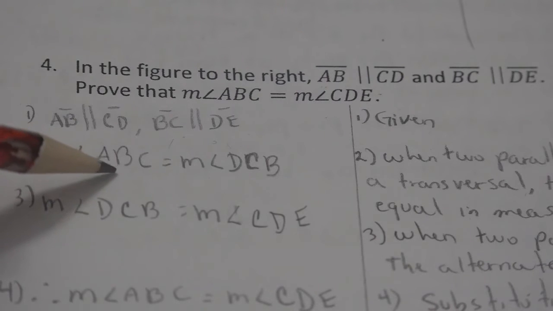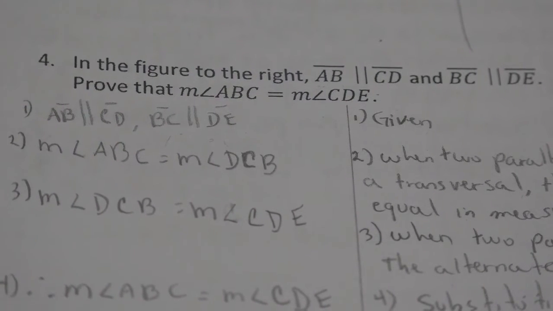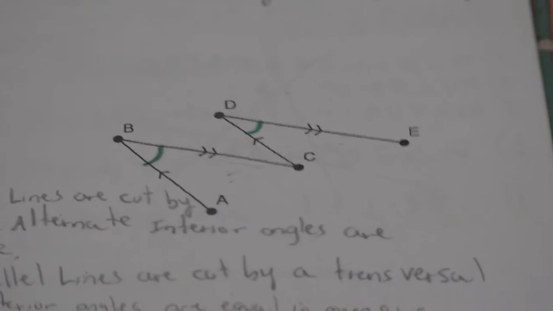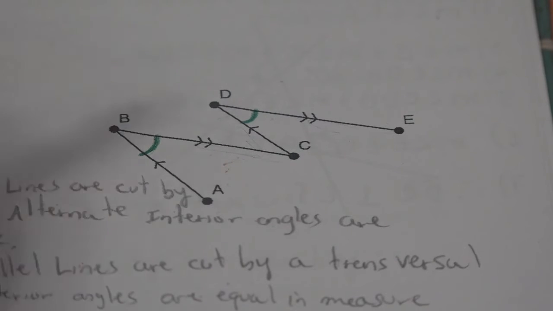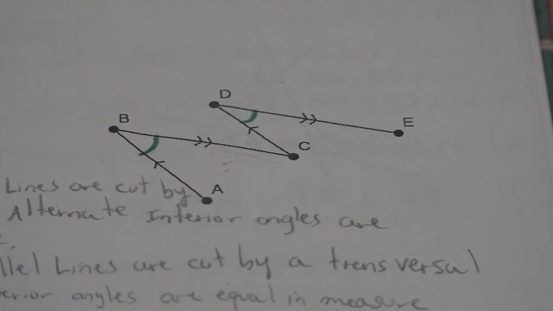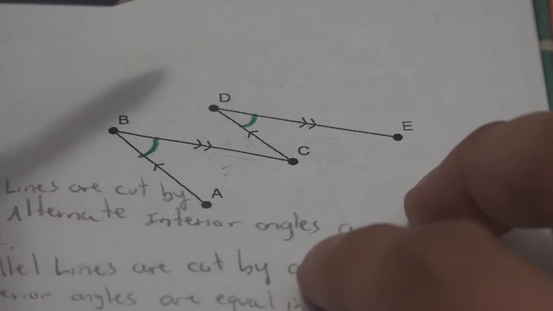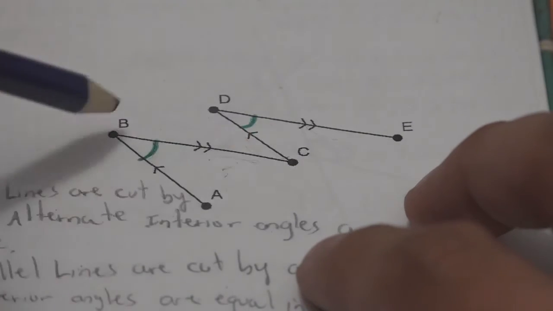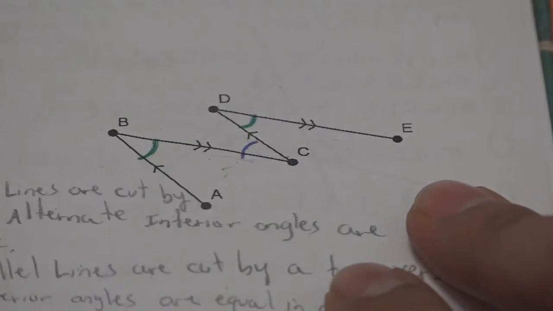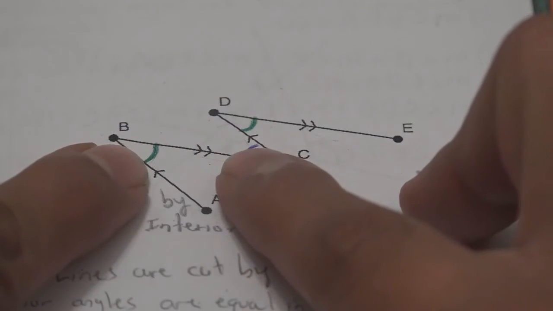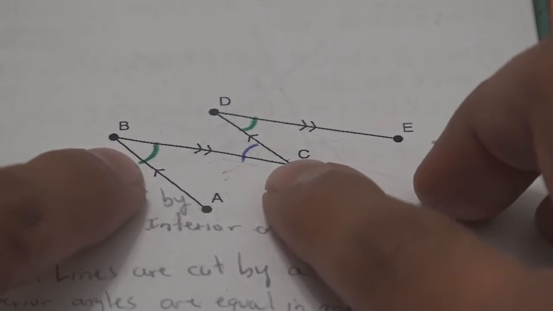Angle ABC is congruent to angle DCB. Let's see if it's true. Angle ABC is congruent to angle DCB. Are these two angles congruent? Oh, hell yeah.